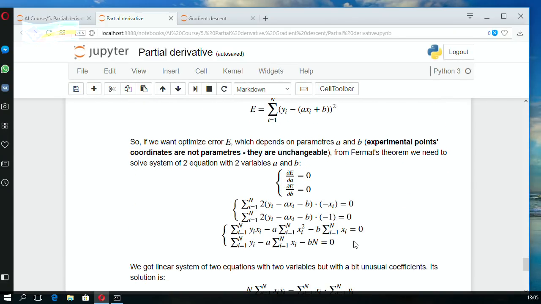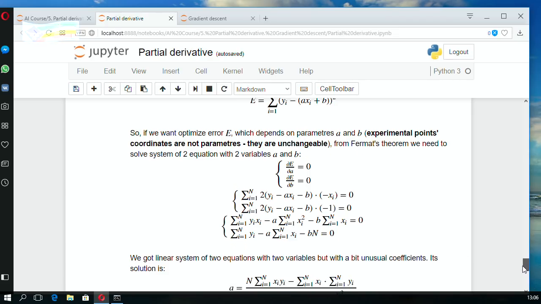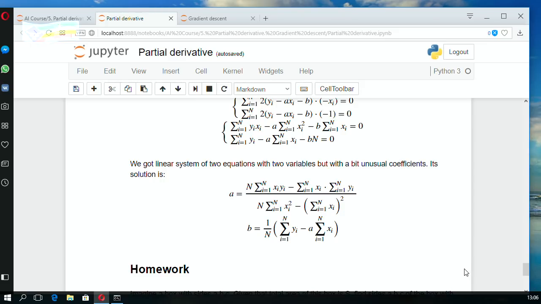Here I rewrote what we've just got on the board, and if you know how to work with sums, you can simplify this a bit and get that it's actually a system of 2 linear equations with 2 variables, a and b. The coefficients are a bit unusual because we are working with sums over data points, and if we solve this system, then we get such an answer.